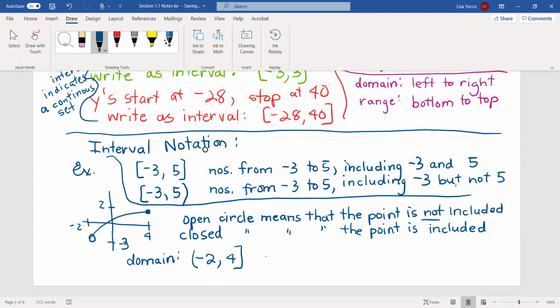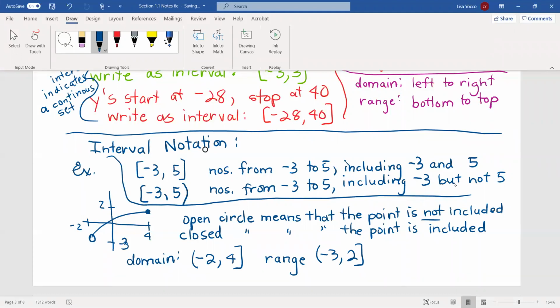And honestly, guys, this is really overkill for us for this course. We're not typically going to be looking at stuff like this. For the range, the y's start at -3, but there's an open circle there, so we put a parenthesis to indicate that.